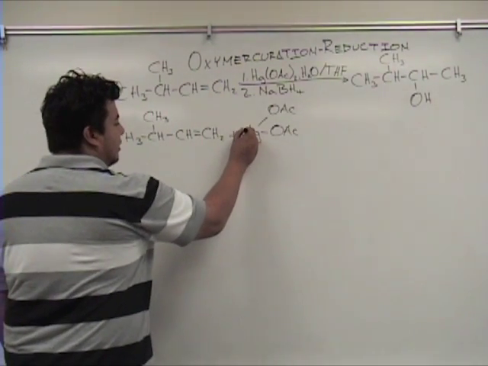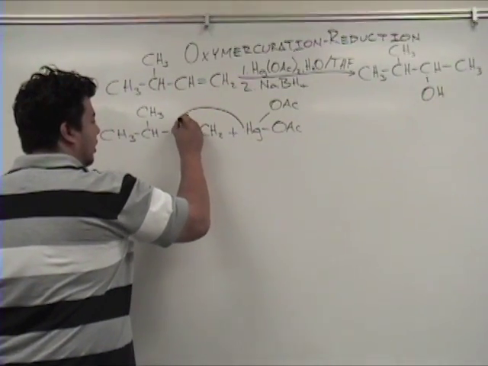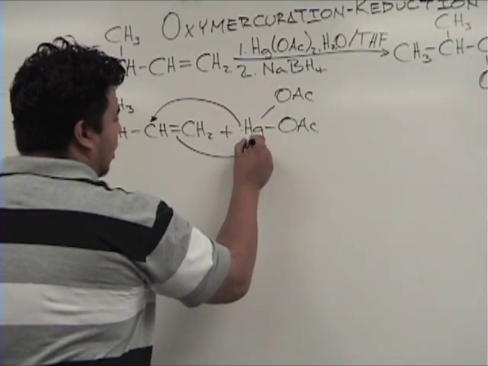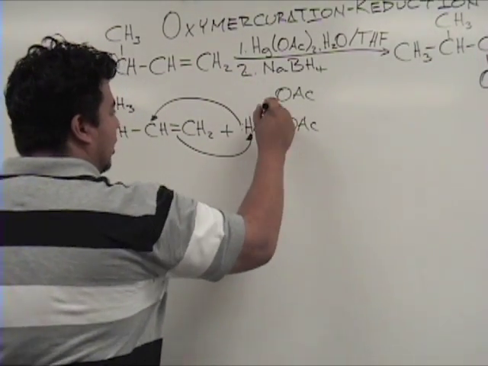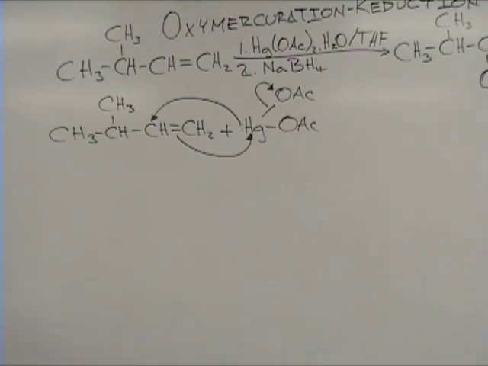And we know that this is going to act as a nucleophile, and is going to attack this carbon right here. And it also acts as an electrophile, so the double bond attacks it. And then one of the OAc groups leaves, like that.